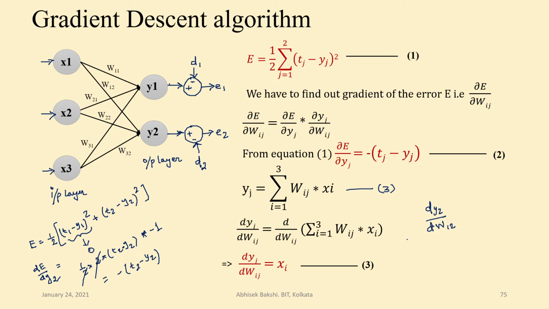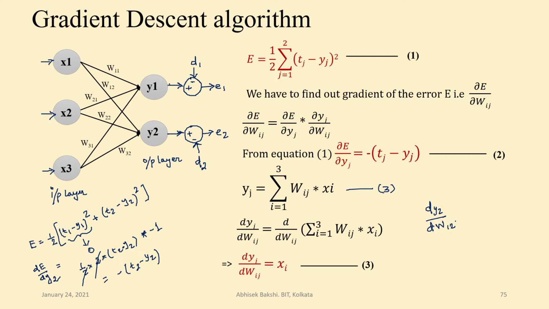So ultimately what will be left? Only w12 with xi, from where it's coming, will be left, that is x1 in this example. If you differentiate it, w12 will get cancelled out and x1 will be left. And x1 is nothing but the input from where this w12 is coming.